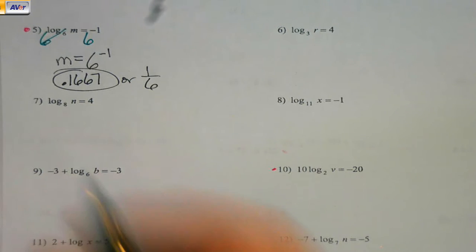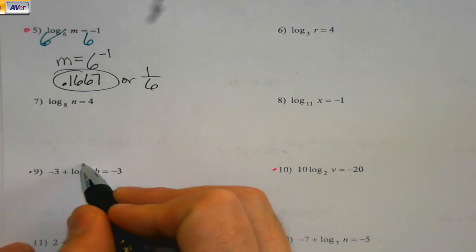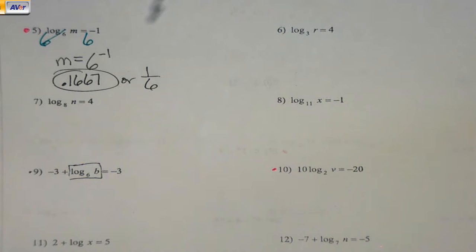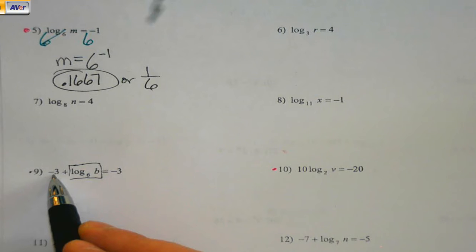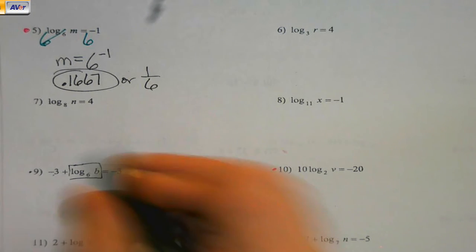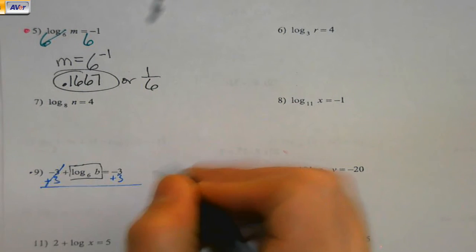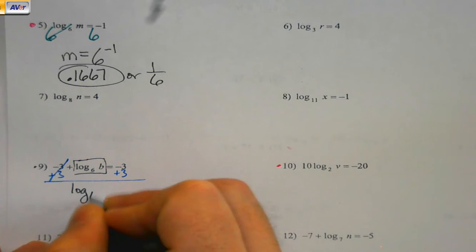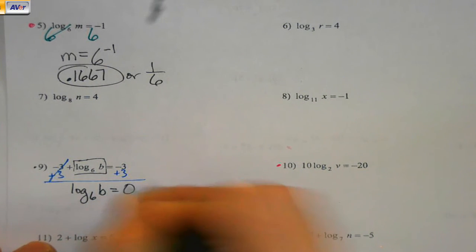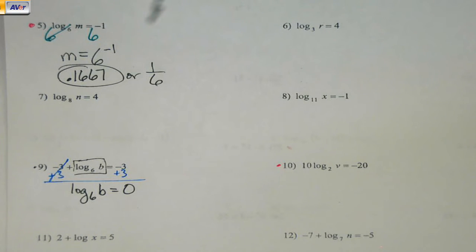Even though I didn't mark 9, we're going to do it. Here, okay, goal: get this log by itself. Can I exponentiate right away, though? Not quite. Because here, I've still got this negative 3 that I'm adding to this. So before I can do my log inverse, I need to go ahead and isolate it where it's more like number 5 was.